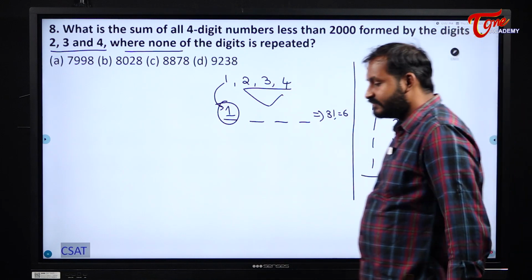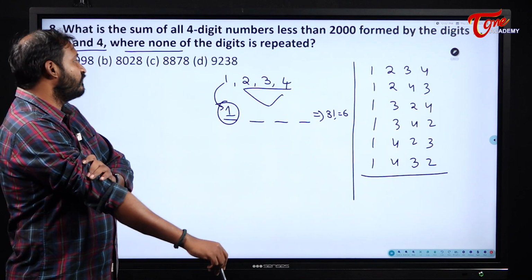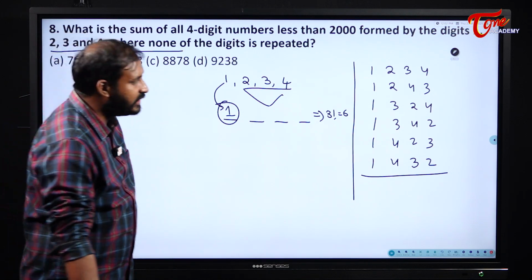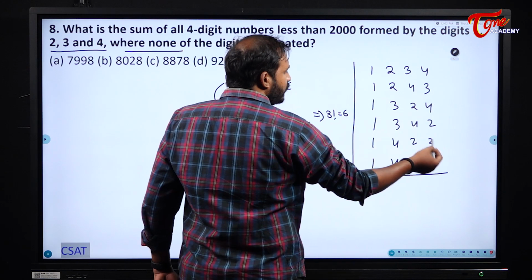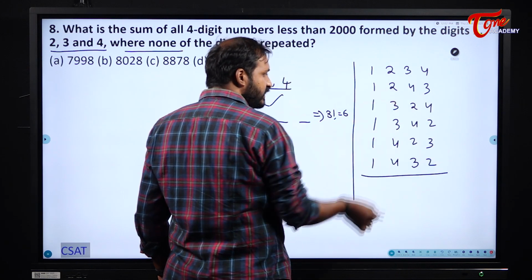These are the 6 numbers less than 2000 formed using the digits 1, 2, 3, 4. Now see, 4 will be there 2 times, 2 will be there 2 times, 3 will be there 2 times in the units place, tens place and hundreds place.